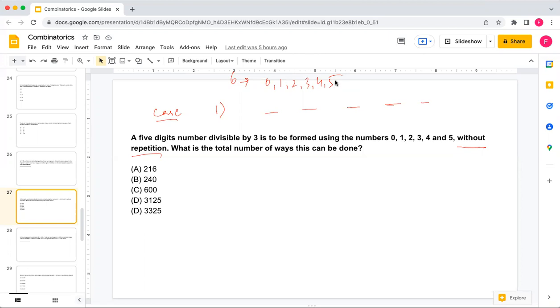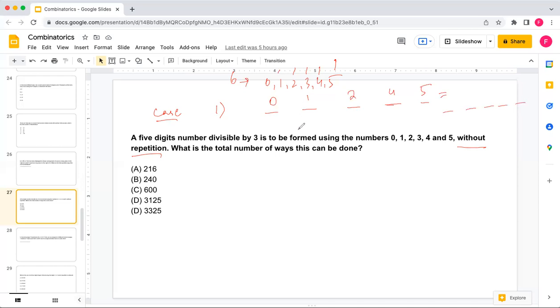First of all, the digit sum must be divisible by 3. The first 5 digits I can choose are 0, 1, 2, 4, and 5, which add up to 12. If you want to arrange these, in how many ways can you do this?